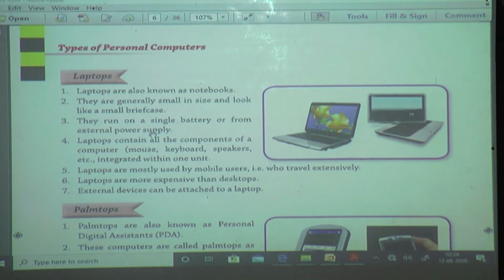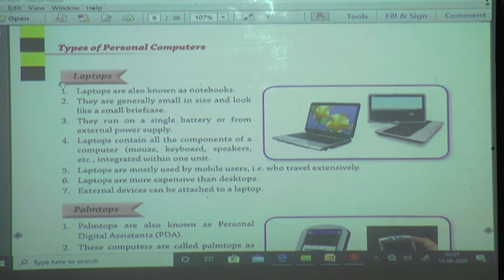When we are working on the desktop and electricity is not there, is it working? No, we can't store electricity in a desktop computer, but we can store backup in a laptop. Means if electricity is not there, the laptop still works.